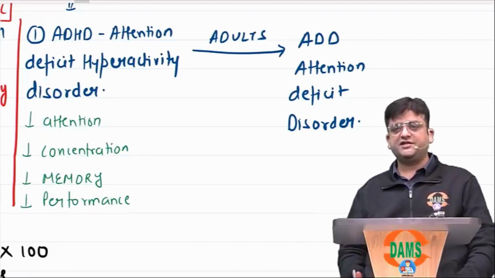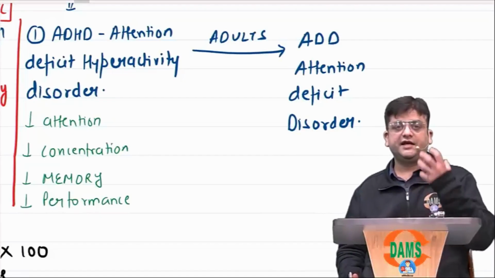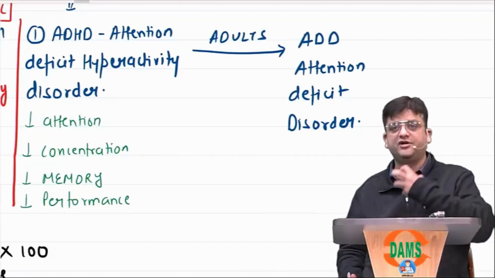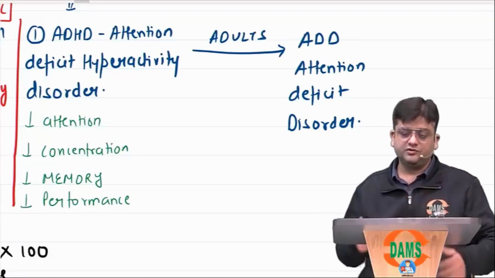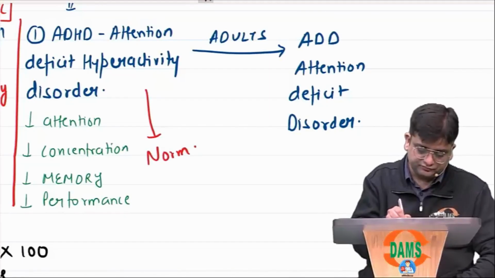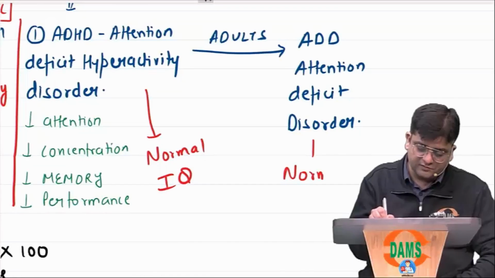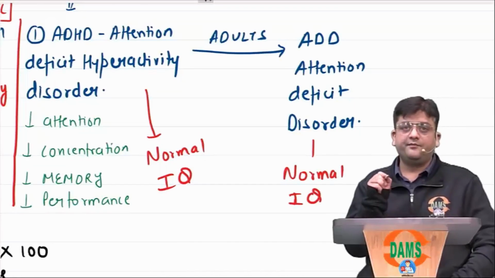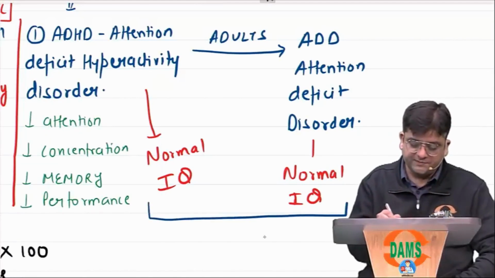Many students have attention deficit. They can't focus in the class. They can't retain. They cannot concentrate. They cannot memorize, although they have good IQ. So even with good IQ, these children also have normal IQ.